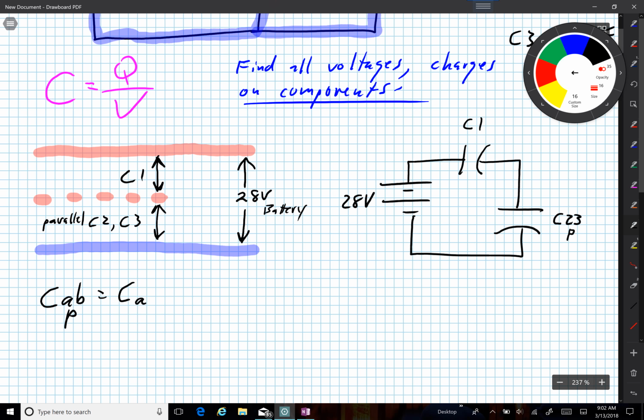And those are not the same, so these two capacitors are not in parallel. So I ask myself, are they in series? If I walk through C1, must I then follow the wire and go to C23P? And the answer is yes. So C1 and C23P are in series. So I can combine them now in series.